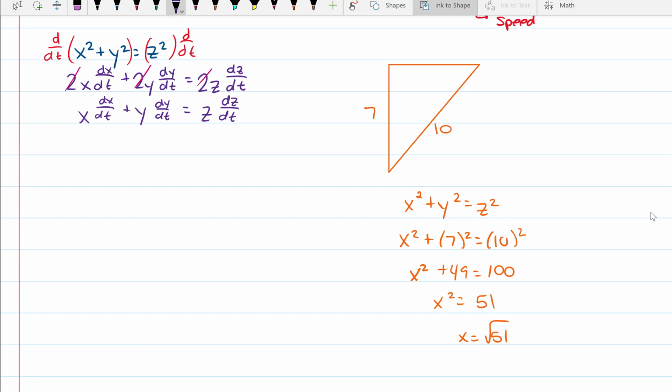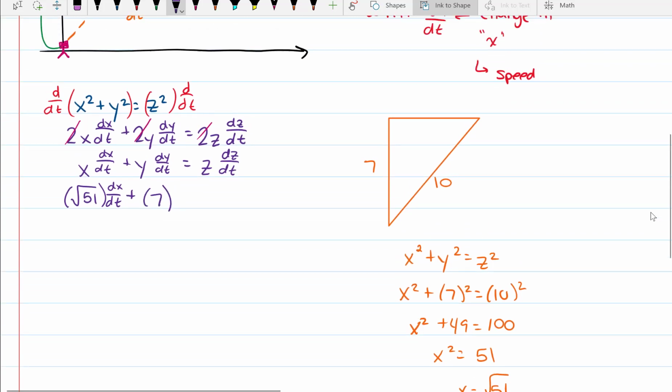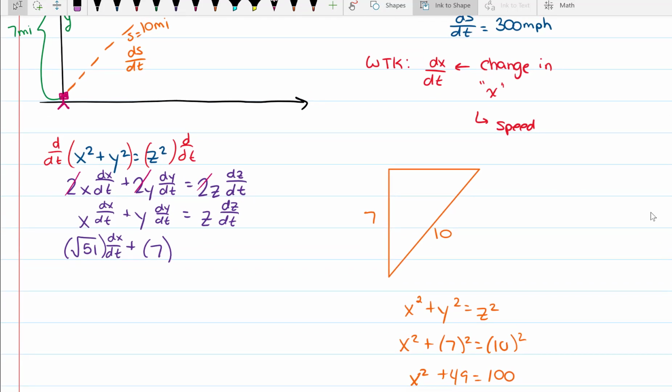So from there we're going to go the square root of 51 dx dt plus y, which is 7, times the change in y over the change in time. The question is, does the height ever change?